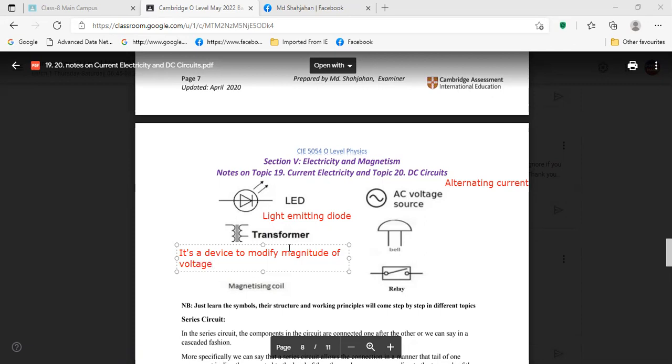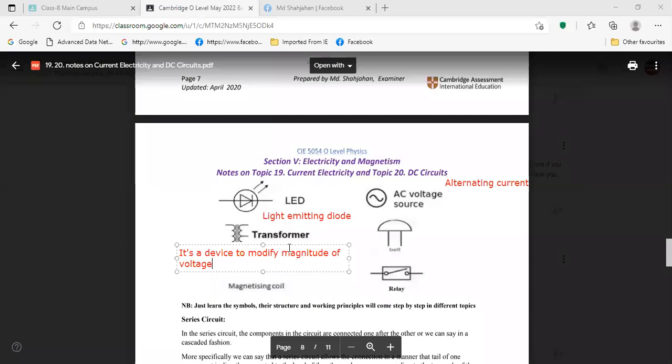Modify magnitude of voltage. One example I gave you, a transformer can be used to make the voltage lower, from higher to lower. We can do that; it is called a step down transformer. And sometimes we also need to get a higher voltage, like when going from the power station to the grid line.